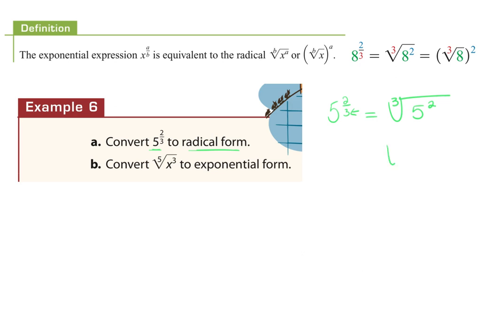Or you can write it this way, the cubed root of 5 and the whole thing squared. That is rewritten. So if I want to write the next one, they gave it to me in radical form, and we need to rewrite it to exponential form. So if I rewrite that one to exponential form, it's going to be x. This 3 is my numerator. This 5 is my denominator. x to the 3/5.